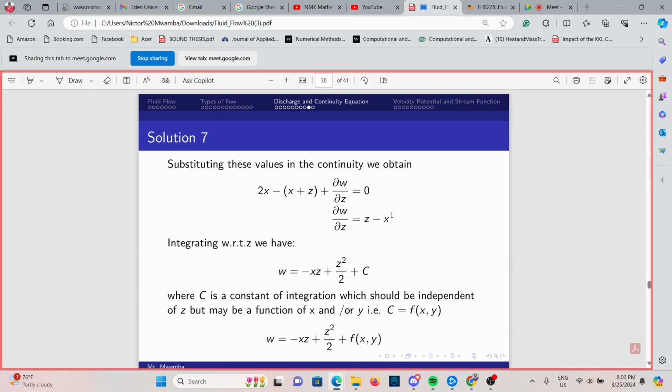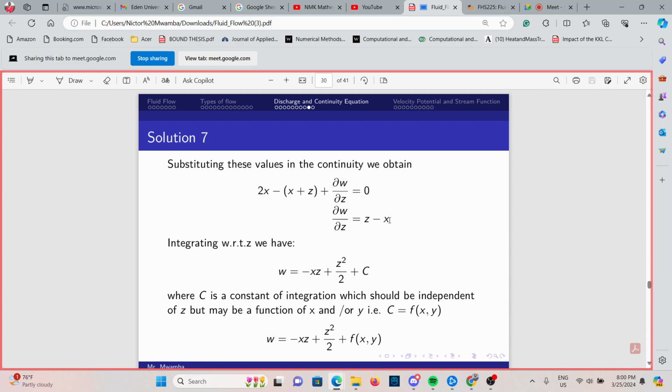So let's look at the second term first. Integrating this with respect to z. Here z is to the power 0. We are going to increase the power of z and then divide by the new increased power of z. So x z to the power 0 plus 1.